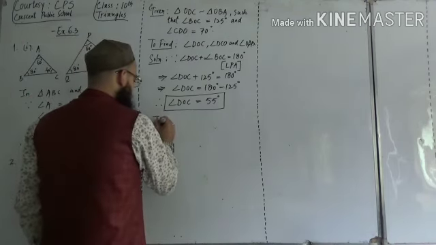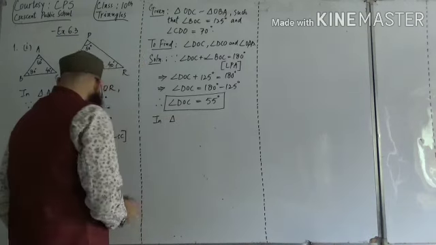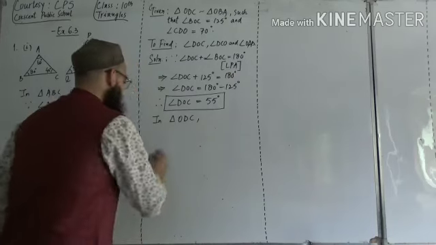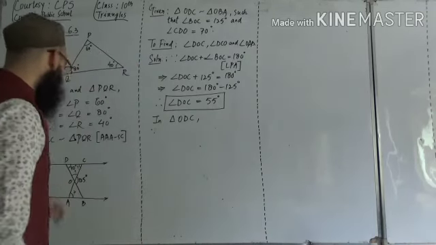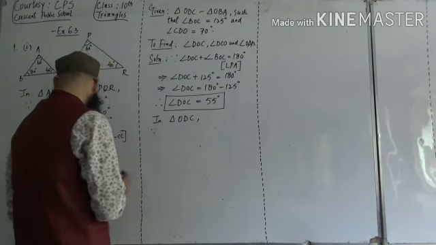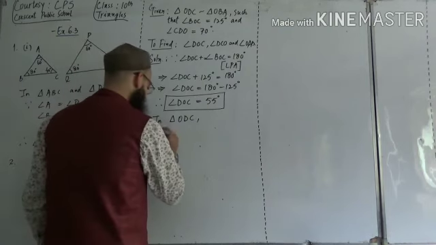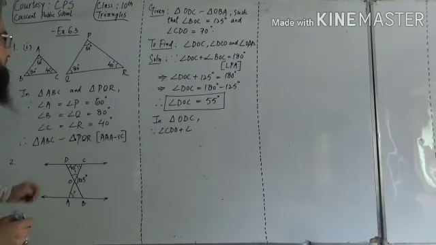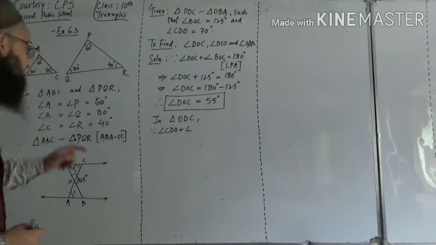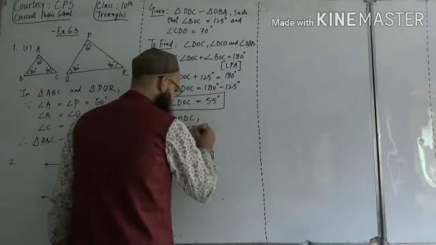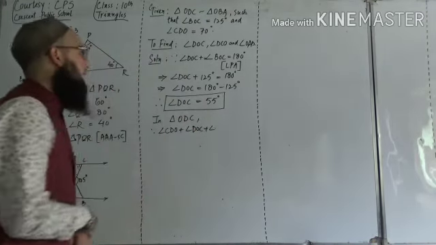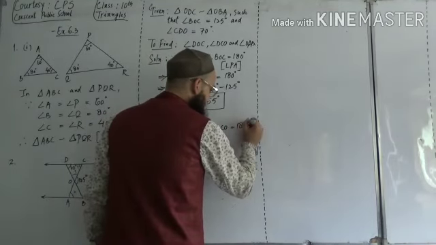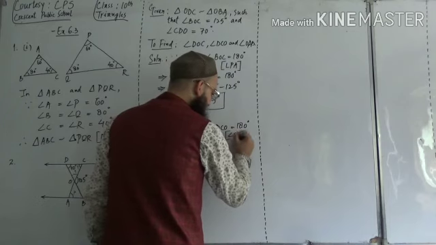In triangle ODC, since angle CDO plus angle DOC plus angle DCO is equal to 180 degrees, and the reason is angle sum of triangle.